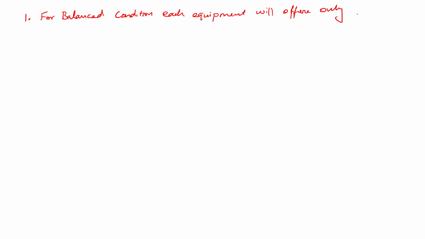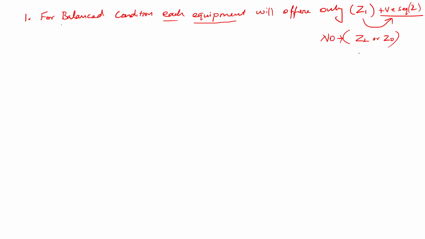Each equipment will offer only Z1. What is Z1 here? Z1 is the positive sequence impedance. For balanced condition, there is no disturbance or fault. In such a network, each and every element will offer only positive sequence impedance, there is no Z2 or Z0.